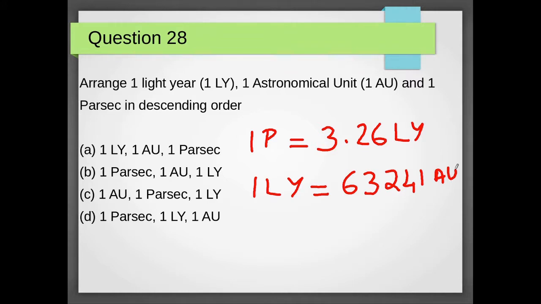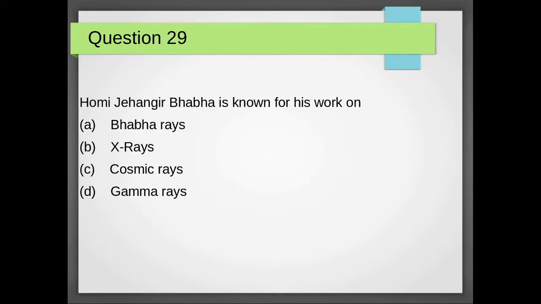So that makes a light year much bigger than an astronomical unit, and a parsec slightly bigger than a light year. Hence the choice is D. Parsec is bigger than a light year, which is bigger than an astronomical unit.